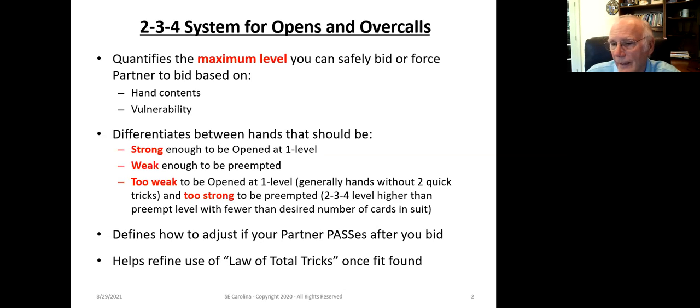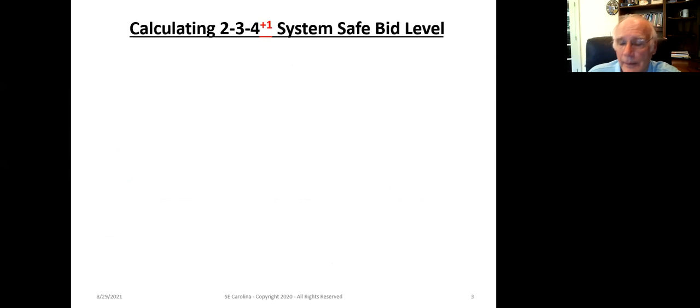We've all seen that situation with the BBO robots. If they decide, well, we've got 9 cards in the suit, they just blindly bid to the 3 level, regardless of what they have. That's not a very smart way to apply the law of total tricks. 2, 3, 4 used in combination with the law of total tricks gives you that capability.